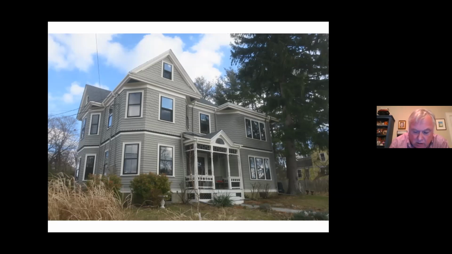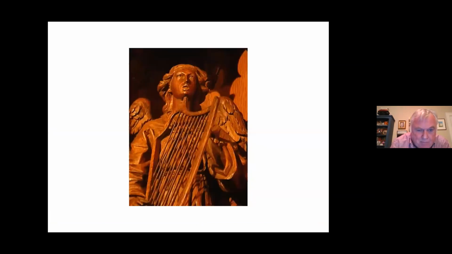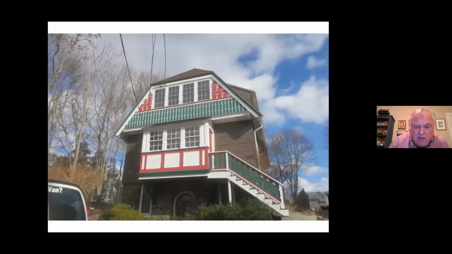This is Crescent Hill Avenue. And this is an example of his wood carving from the Unity Church in northeastern Massachusetts, from 1890, I believe. And then this was the home of his younger half-brother, named Adelbert Zwink, Z-W-I-N-K.